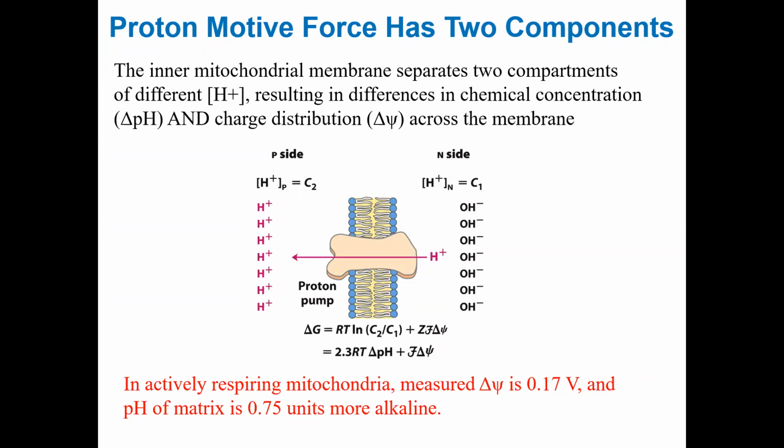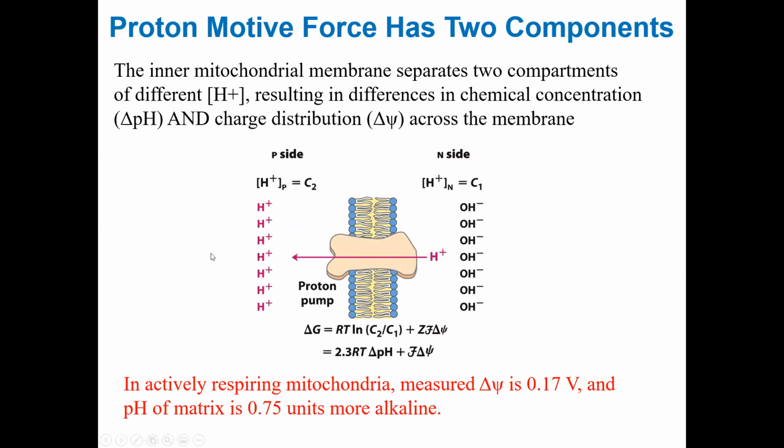In the center here is the inner mitochondrial membrane, okay? And they are showing you the N side, which will be the mitochondrial matrix side, and the P side, which is the intermembrane space, the space between the outer mitochondrial membrane and inner mitochondrial membrane.